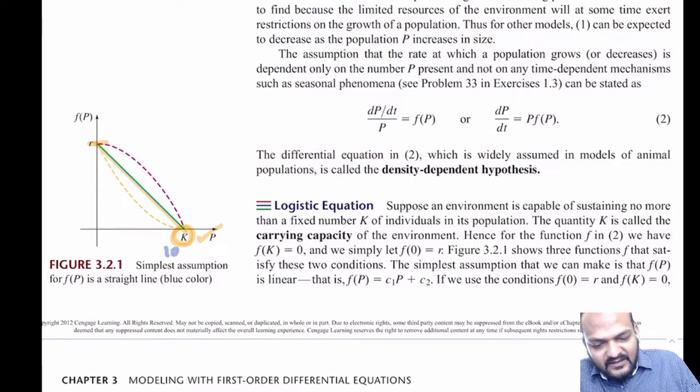After it reaches 1,000 students, there are no more students to spread to anymore. Therefore, the per capita growth rate at K is going to be 0.